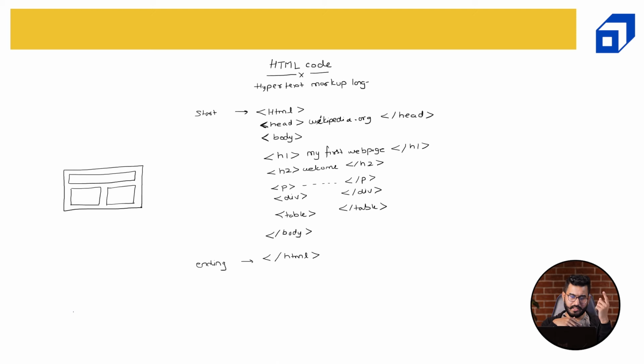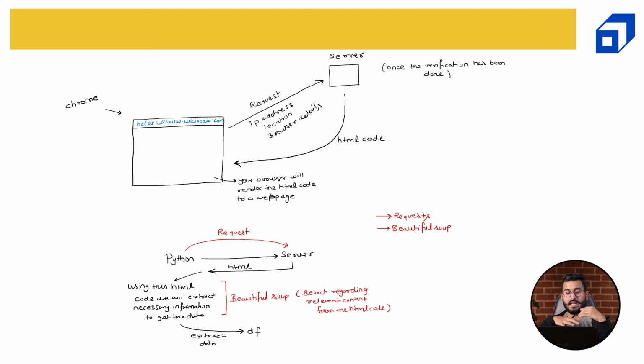So we start with HTML, we end with /HTML. Within that, we have head tag, then we have body tag, and within body, we have all the content of the web page. This is the HTML code.